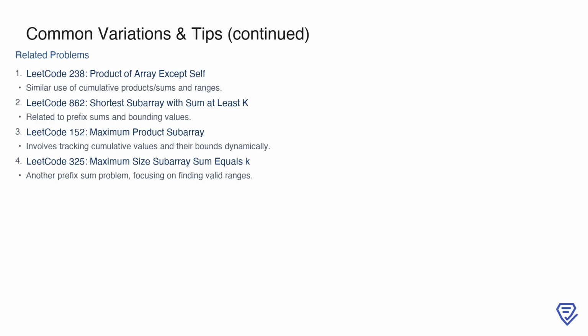LeetCode 152, maximum product subarray, involves dynamically tracking cumulative values and their bounds, while LeetCode 325, maximum size subarray sum equals k, focuses on finding valid ranges using prefix sums. Practicing these problems can help reinforce the techniques used in this problem and build your confidence in tackling variations.